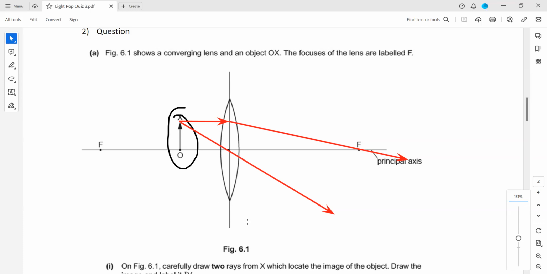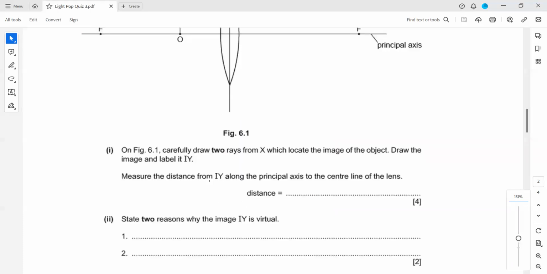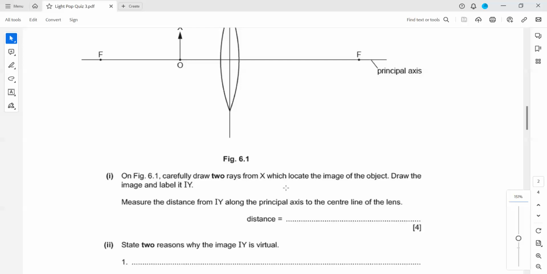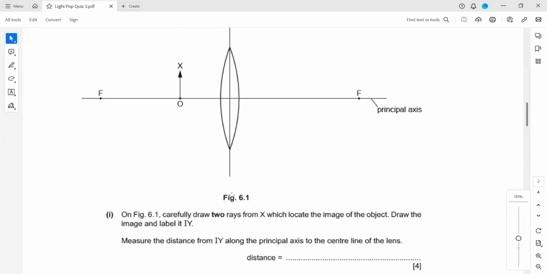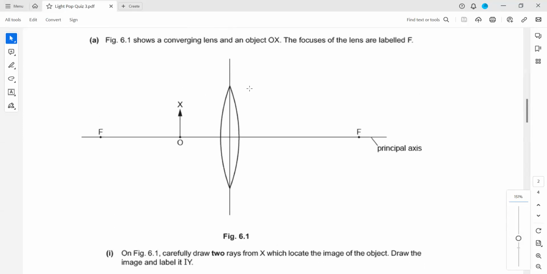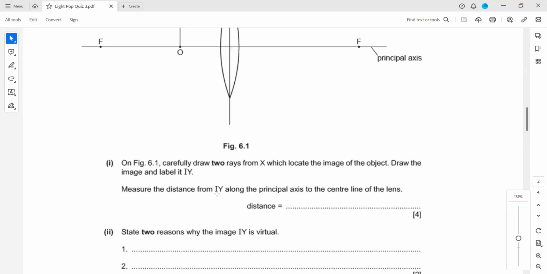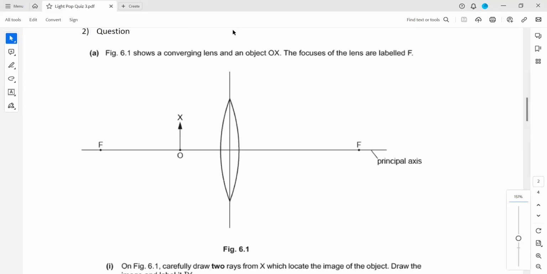And you have to measure this distance from I to Y along the principal axis to the center of the lens. So when it forms, the parallel light ray passes through the focus, and one through the center of the lens will pass straight.